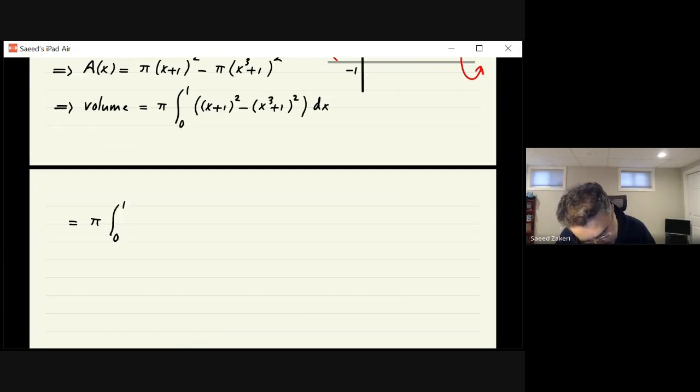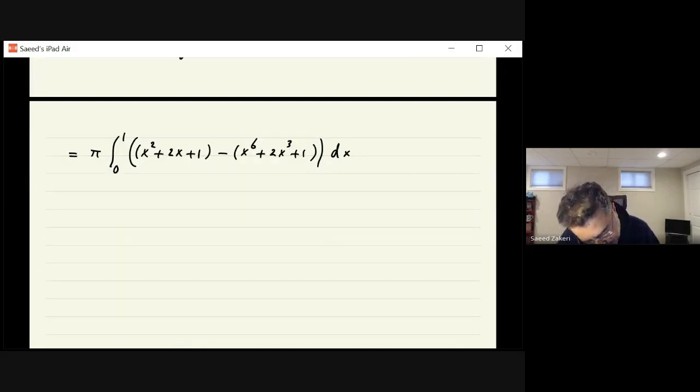So let me square both of those. X plus 1 squared, if I expand it, is x squared plus 2x plus 1. And x cubed plus 1, when I square it, is x to the 6th plus 2x cubed plus 1. I take the difference and I integrate. So that's pi integral from 0 to 1. Let's clean up a little bit. I have x squared plus 2x.